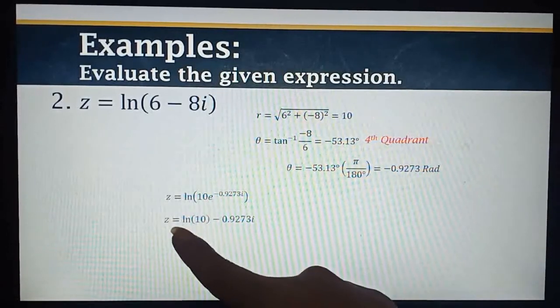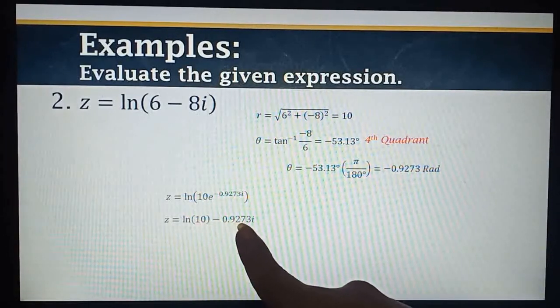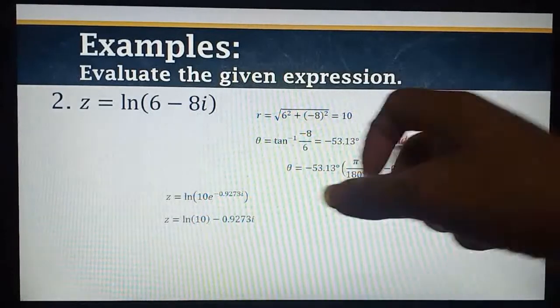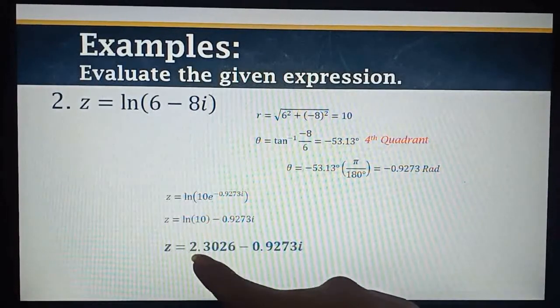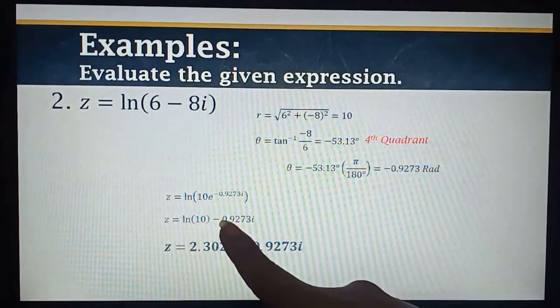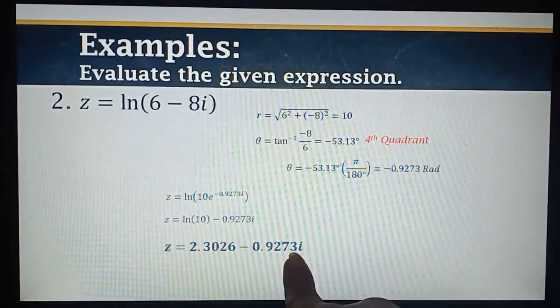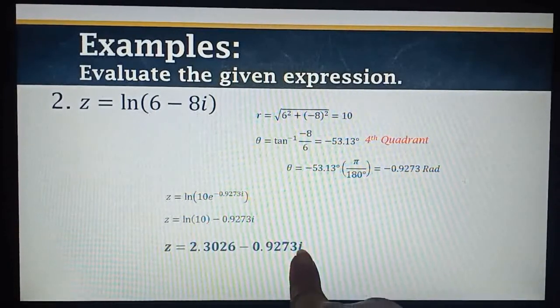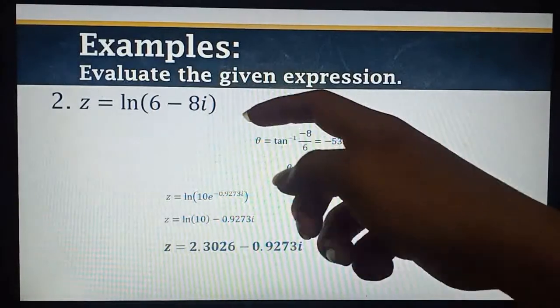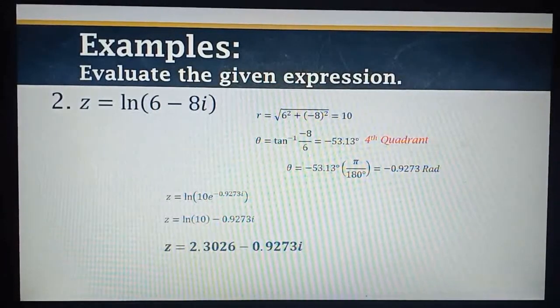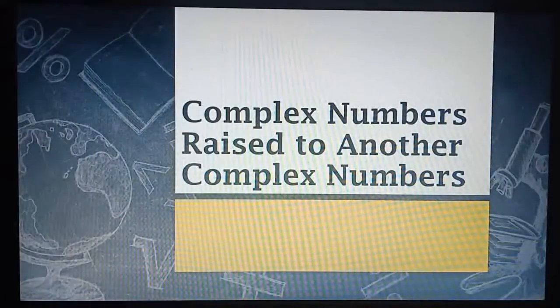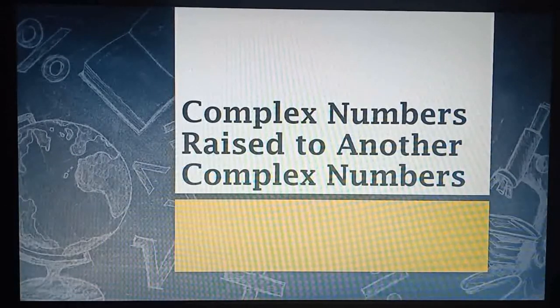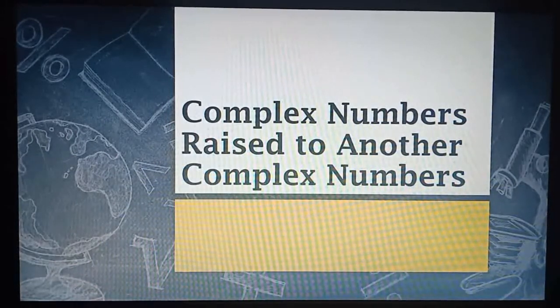Now this can be ln of 10 minus 0.9273i, wherein the ln of 10 is 2.3026, then minus 0.9273. So that is the equivalent value of your ln of 6 minus 8i.